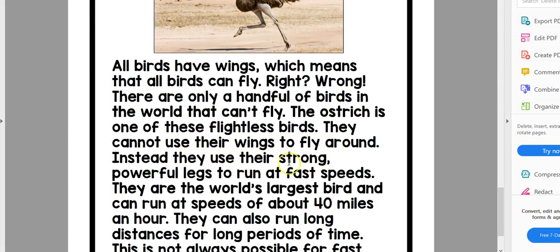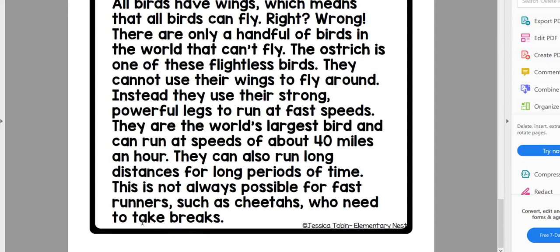Instead, they use their strong, powerful legs to run at fast speeds. They are the world's largest bird and can run at speeds of up to about 40 miles an hour. They can also run long distances for long periods of time. This is not always possible for fast runners such as cheetahs who need to take breaks.